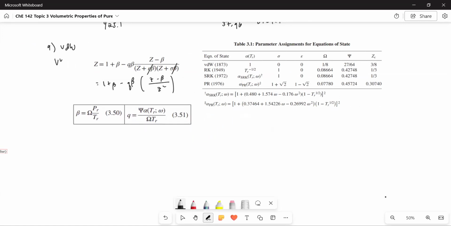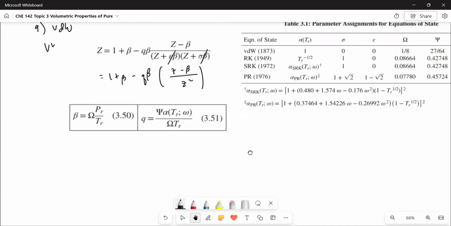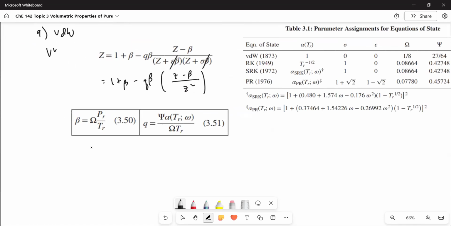Using that, beta is omega, and for Van der Waals, omega is 1 over 8, based on this table on the right. Then we calculated for PR earlier.